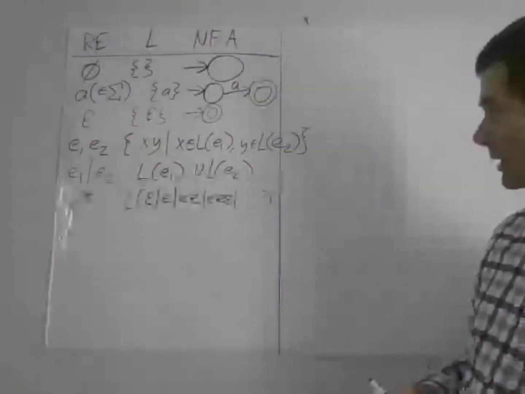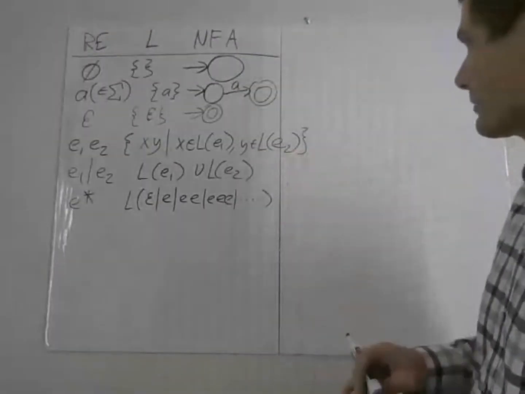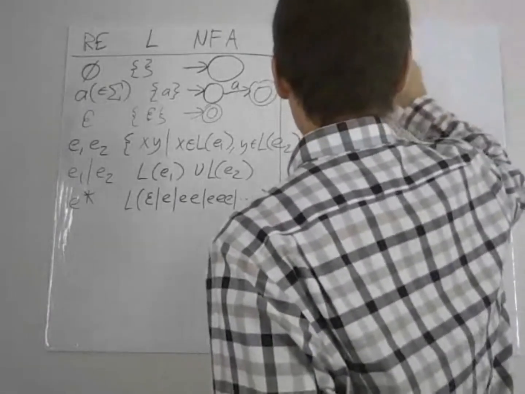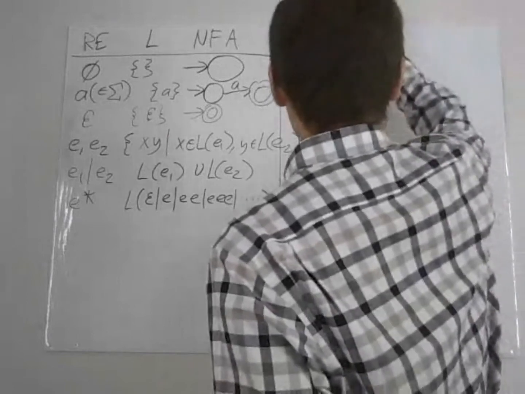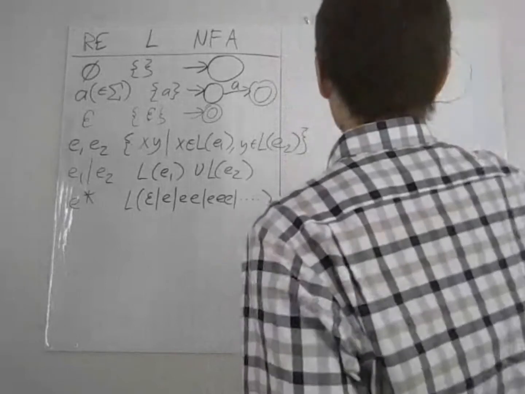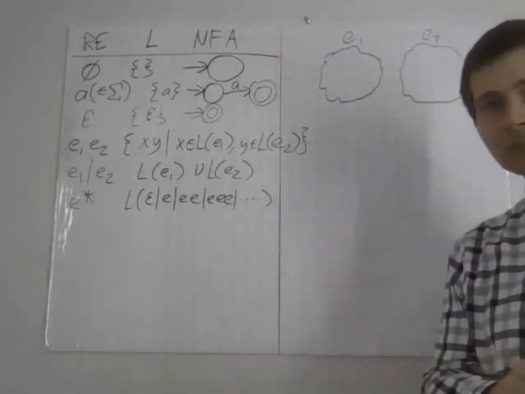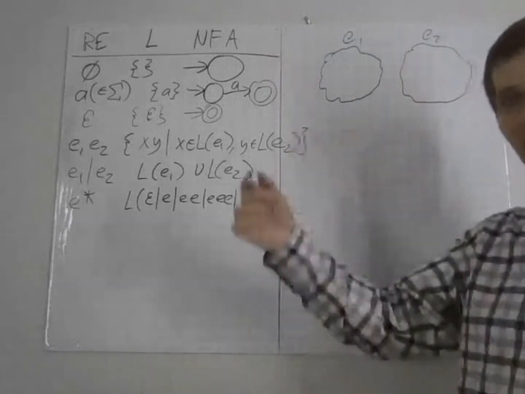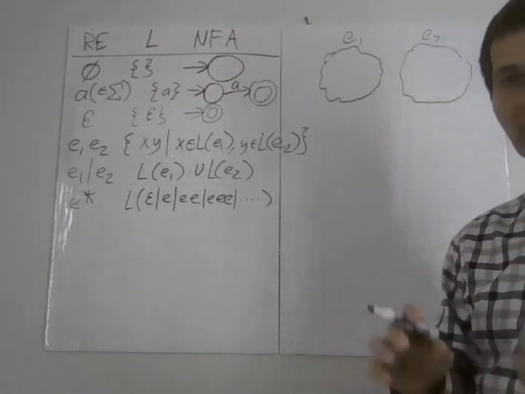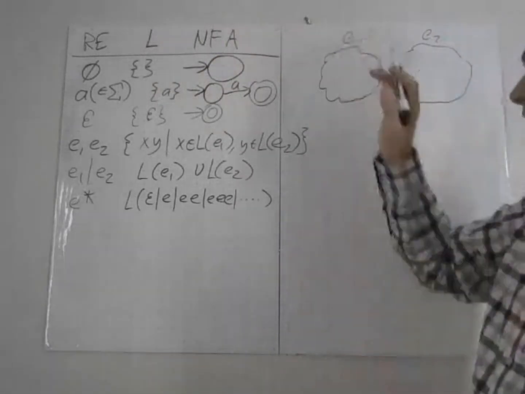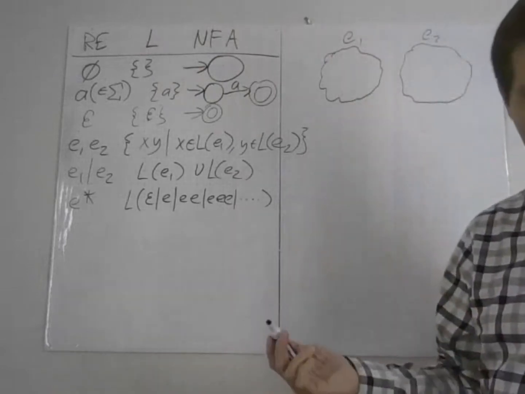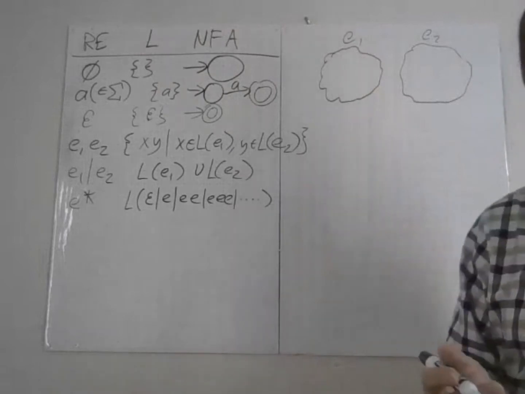Okay, so for this case, for E1, E2, I'm going to recursively construct NFAs for E1 and E2, right? So if I'm implementing this, I will make a recursive call to my regular expression to NFA builder, and I'm going to say, hey, give me an NFA for E1, give me an NFA for E2, and then the idea is I'm going to connect up those NFAs together, right?